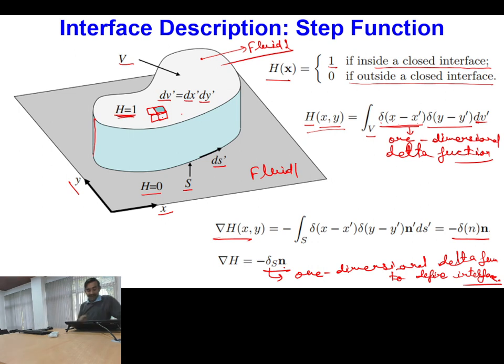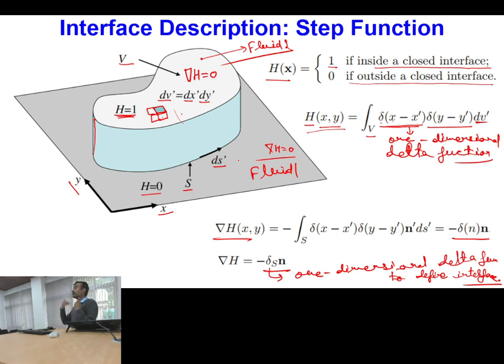Okay, and why will the gradient of h be equal to the normal? Because you can see that if you calculate the gradient of this h within the entire contour, here it will be equal to 0 because you have a constant value, and if you calculate here also it will be equal to 0 because here also you have a constant value.